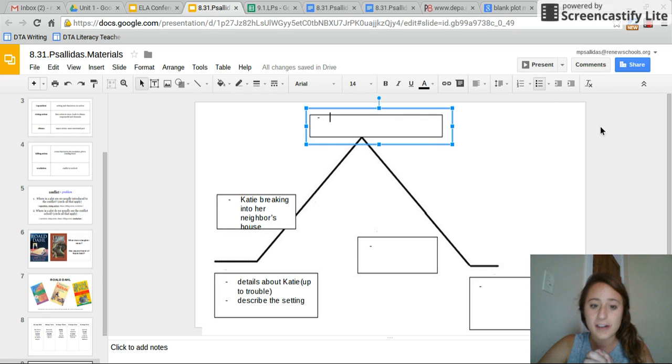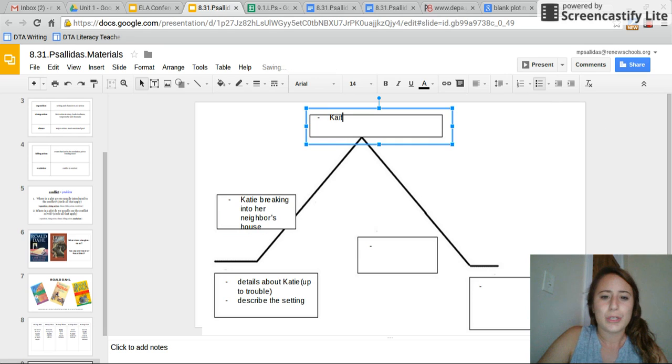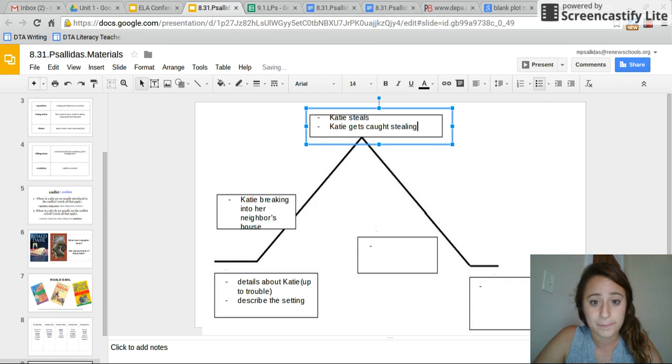And then my climax has to be the biggest action and the most emotional and intense part. So here I'm going to have Katie get caught stealing, and maybe Hammurabi's there too, and then enforces this law, where Katie has many items stolen from her home.